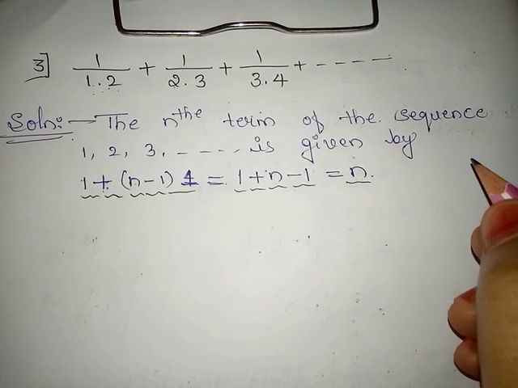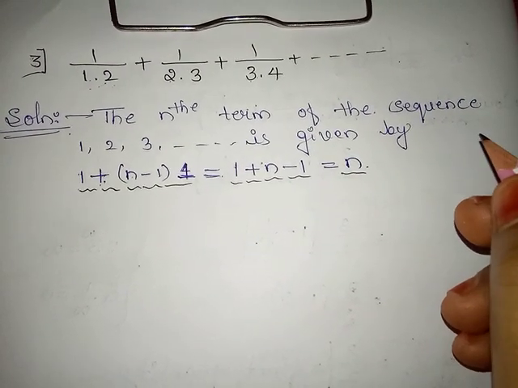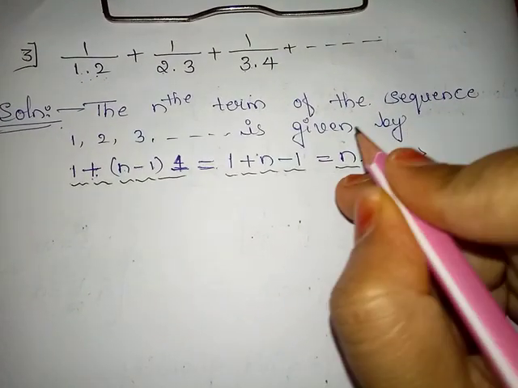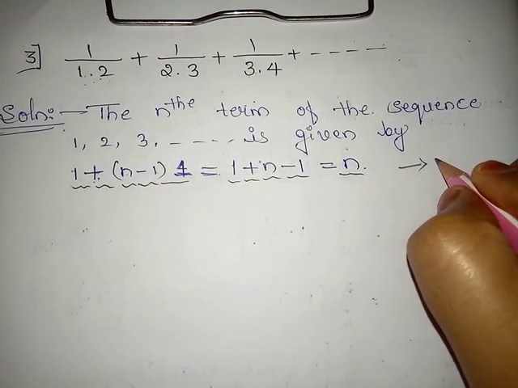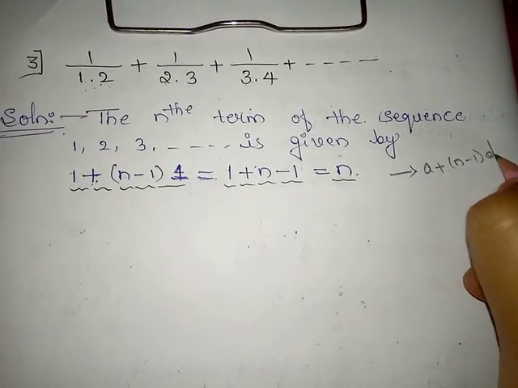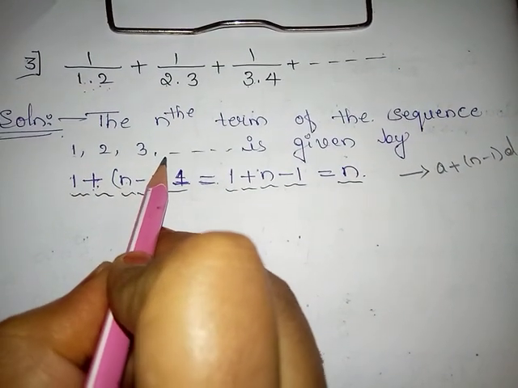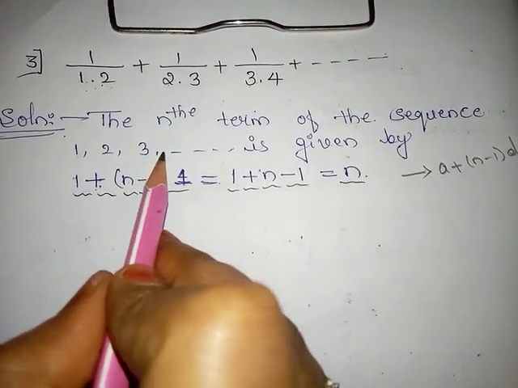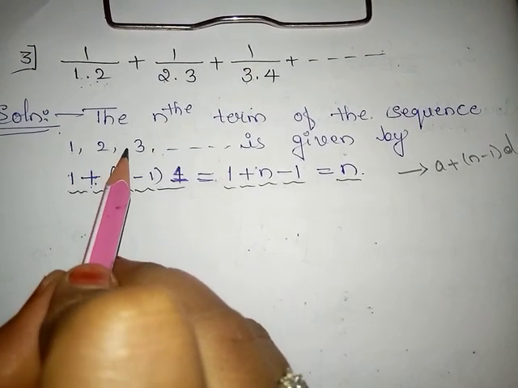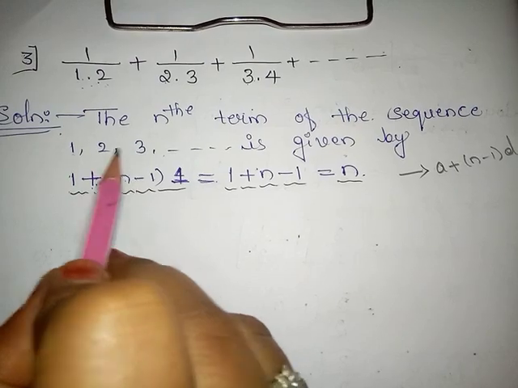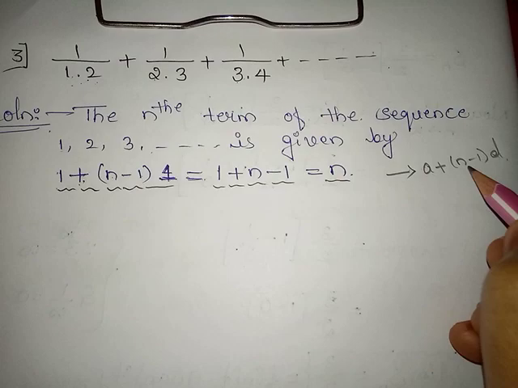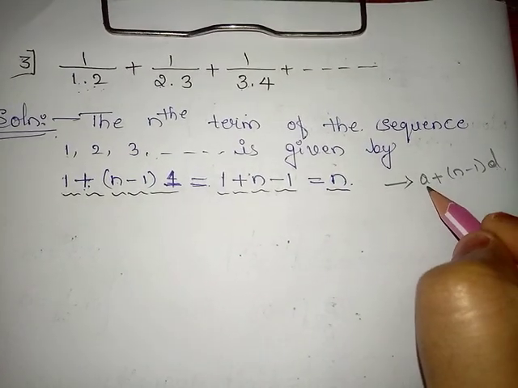I think you all remember your 10th standard chapter, arithmetic series. To find the nth term of the given series, what do we use? A plus n minus 1 into d. See, this is an arithmetic series. The main condition in an arithmetic series is the common interval. d is that common difference, n is the number of terms, and a is the first term.